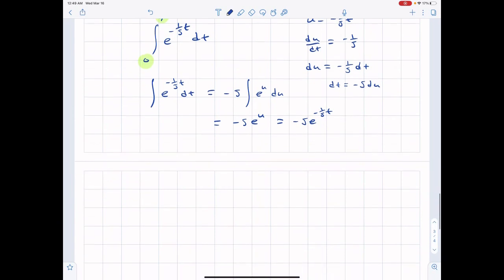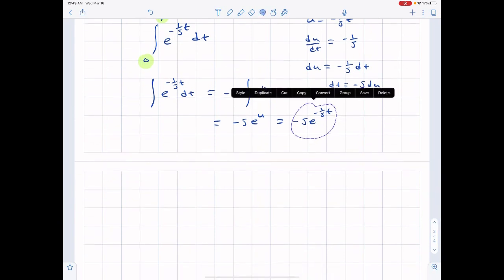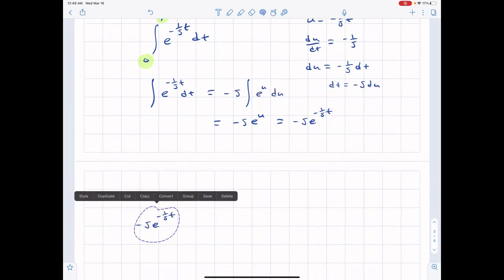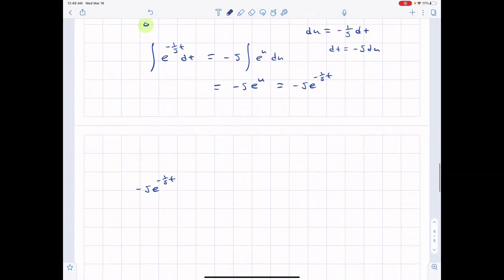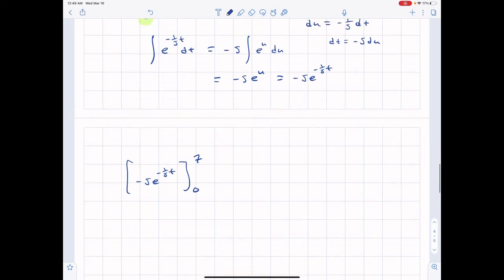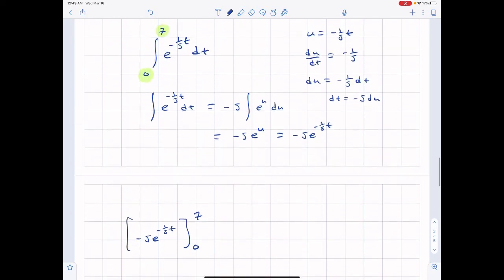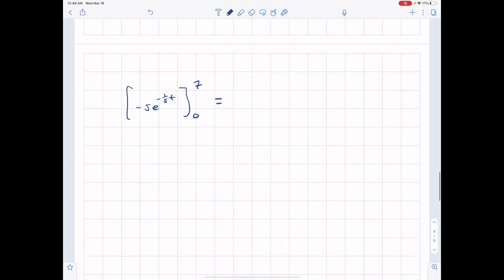And so this is what now I'm going to evaluate, because it's a definite integral from 0 to 7. The fundamental theorem of calculus, part 2, tells me that this is the antiderivative evaluated from 0 to 7, which means I plug in 7, and then I plug in 0 and I subtract.